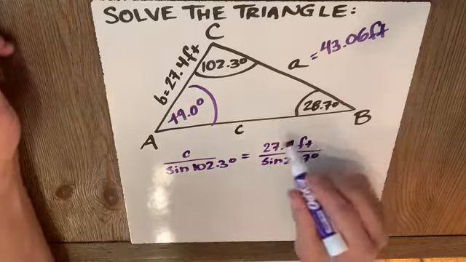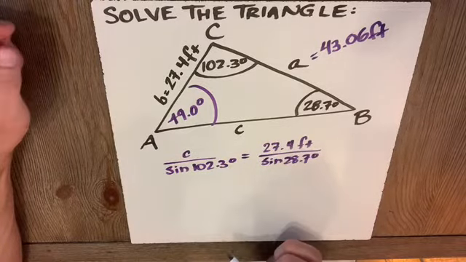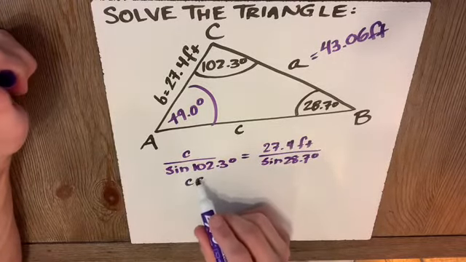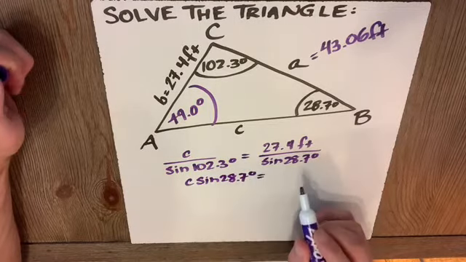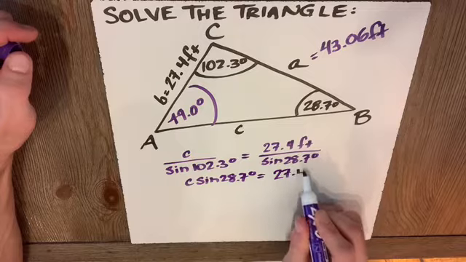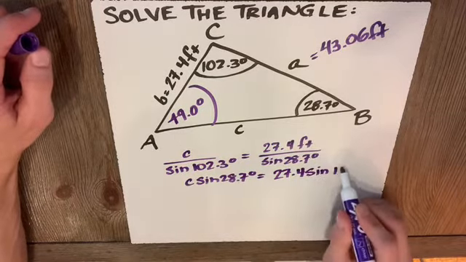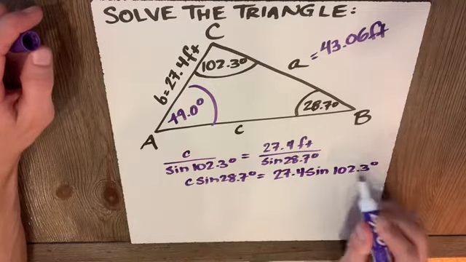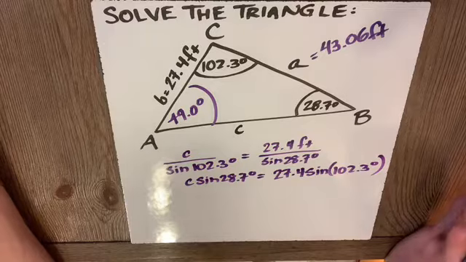Again, when we have a fraction, cross multiply, a fraction equal to fraction, cross multiply. It's a proportion. So I get C sine 28.7 degrees is equal to 27.4 feet. I'm just going to keep that out for a moment, times sine of 102.3 degrees. Now, notice this is sine of an obtuse angle. I can do that.